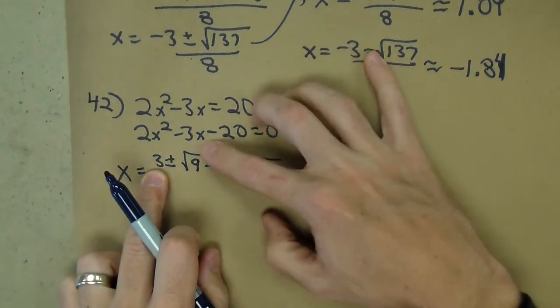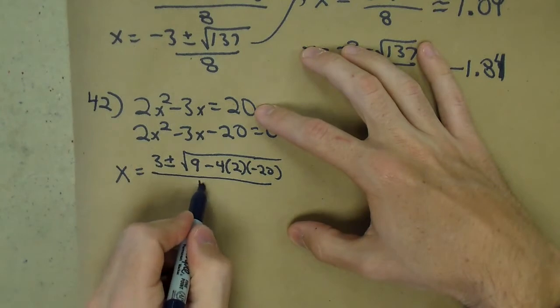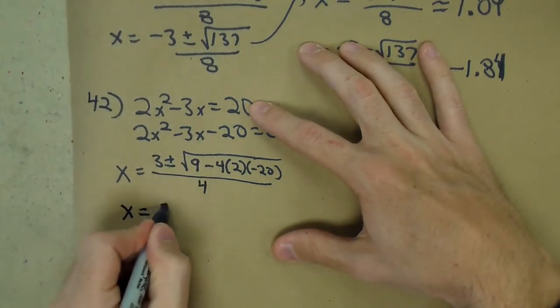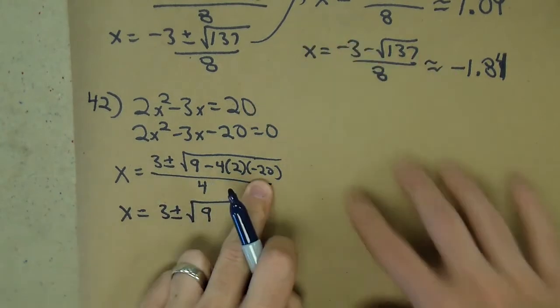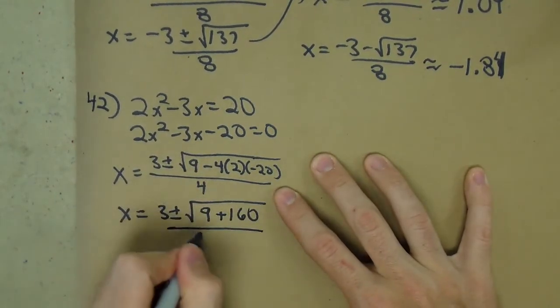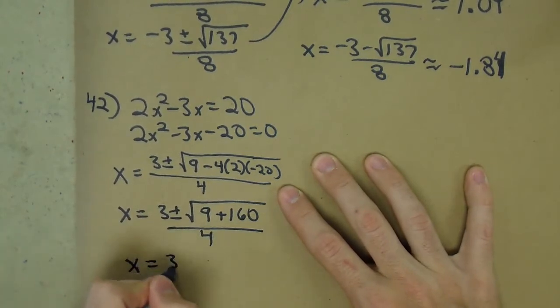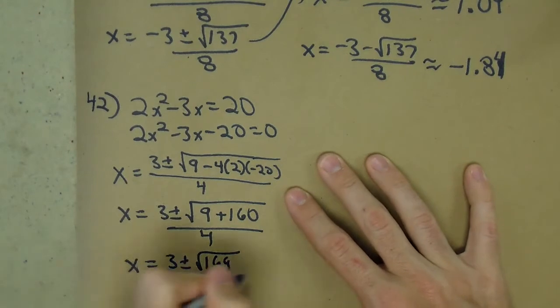Change the sign because it's a negative already, and then squared it, so I got 9. 2 times 2 is 4 on the bottom. 3 plus or minus, I got 9 and it looks like 160, over 4. 3 plus or minus the square root of 169 over 4.